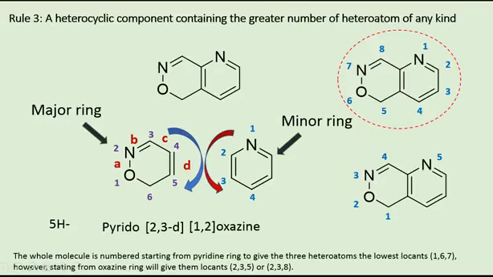Sorry. The whole molecule is numbered starting from the pyridine ring to give the 3 heteroatoms the lowest locants 1, 6, 7. However, starting from the oxygen ring will give them locants 2, 3, 5 or 2, 3, 8, because 2 is a very high number for us.